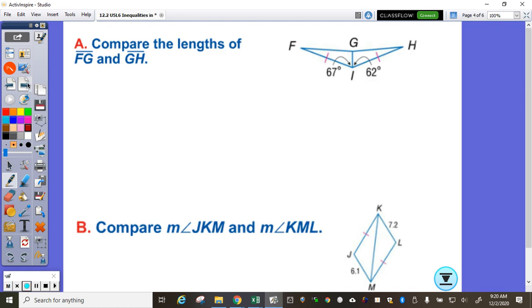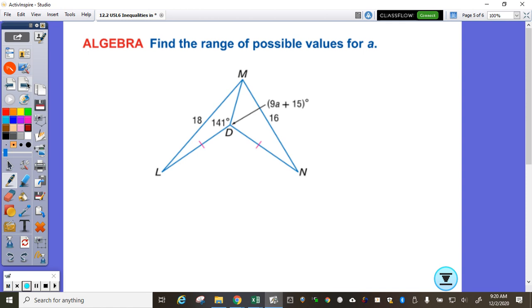Alright, so find all possible values for A. I'm going to let you do this. Which one is bigger? 9A plus 15 or 18?